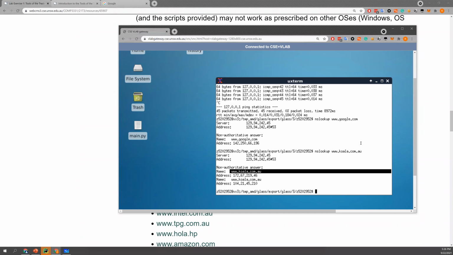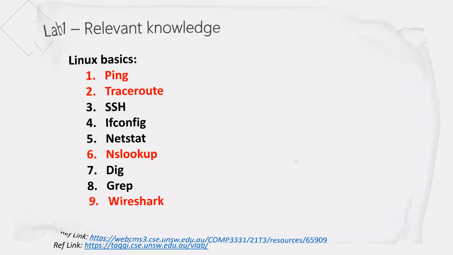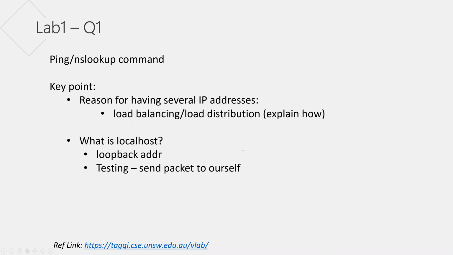I will give you a hint, but I'm not going to tell you the answer, because otherwise all you need to do is copy and paste. I want you to do some research by yourself, but I will give you keywords: load balancing and load distribution. You can search by yourself.